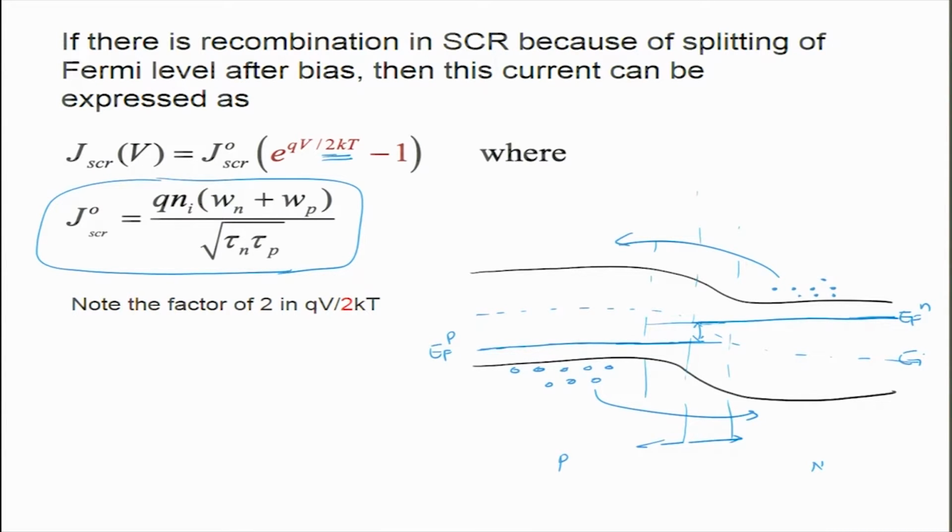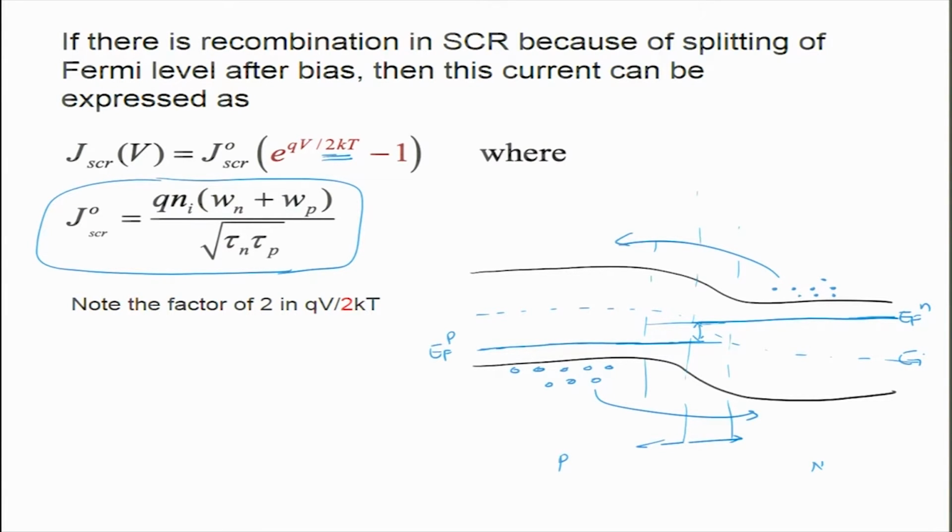Okay. Earlier we ignored this in our p-n junction analysis. Now, if we do not ignore this, then we have to consider this space charge region current. So, within the expression that we looked at in the last lecture, if you made the illumination term 0, then only the recombination term remains, and the recombination term that remains gives you this space charge current, which is essentially a dark recombination current.